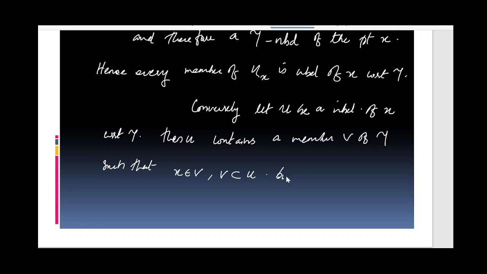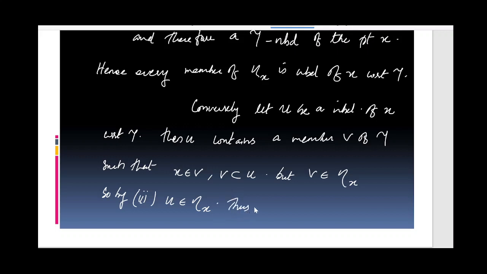But then this V belongs to the neighborhood system of x. So by condition 3, U belongs to the neighborhood system of x because it is a superset.